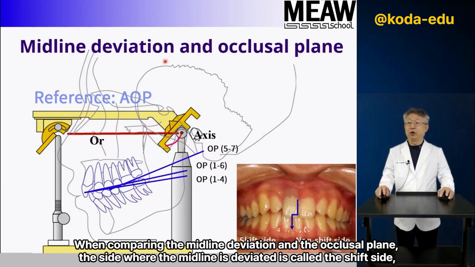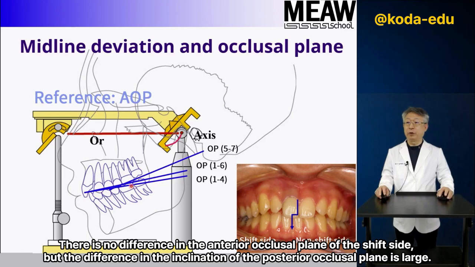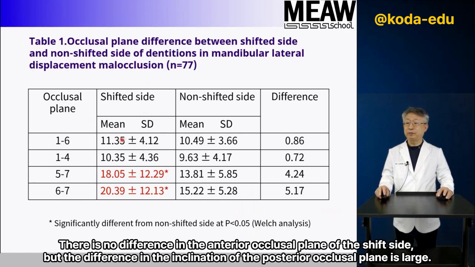When comparing the midline deviation and the occlusal plane, the side where the midline is deviated is called the shift side, and the opposite side is called the non-shift side. There is no difference in the anterior occlusal plane of the shift side, but the difference in the inclination of the posterior occlusal plane is large.